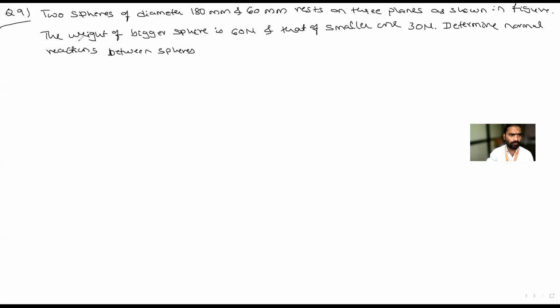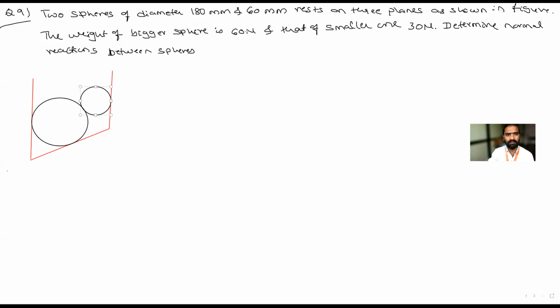So the first cylinder is having 180 mm diameter.